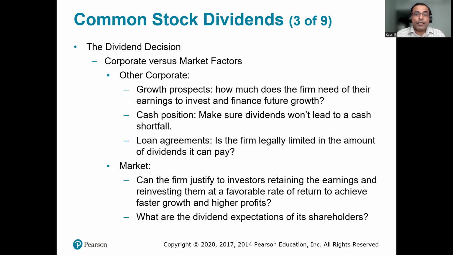There might be some loan conditions which say that the company cannot pay out dividends, or can pay out dividends only to a certain limit. This is to ensure that the company pays interest to the lenders first and then focuses on dividend payout to shareholders. So these are some of the considerations at the company level.